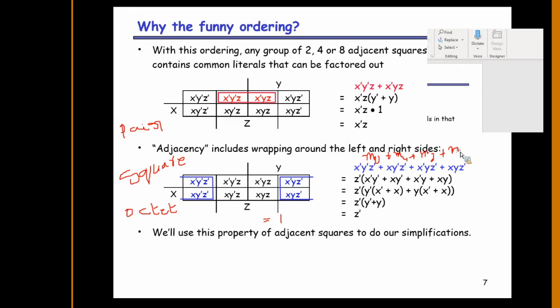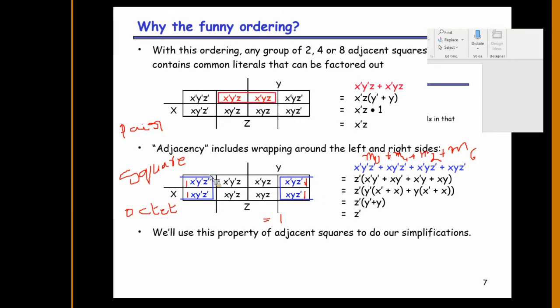So now let me map the functional values here. If I use this 3 variable K-map, M0 is 1, M4 is 1, M6 is 1, as well as M2 is also 1. So M2 is 1 and M6 is 1.